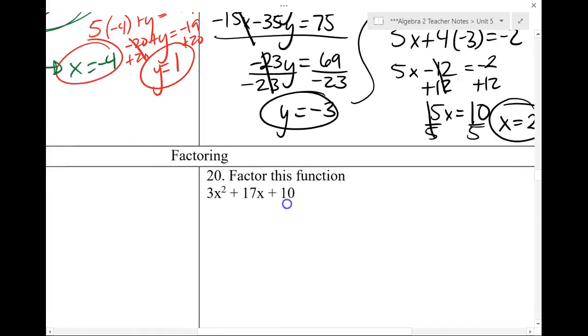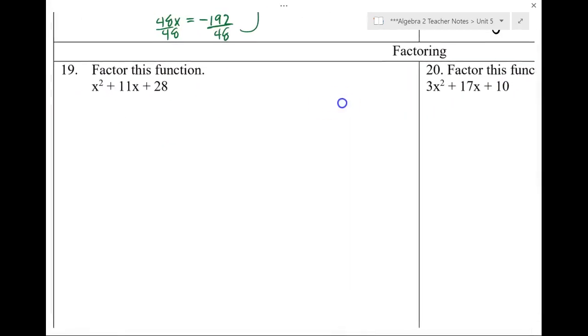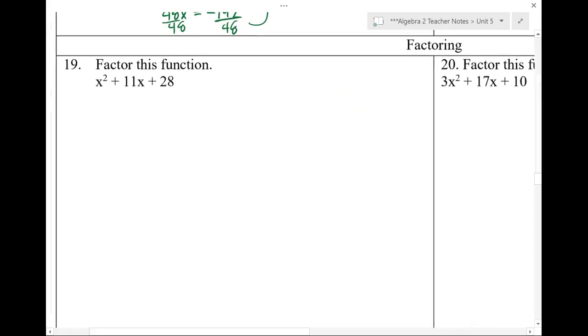Alright, now let's go down here to factoring. Now this first one, factoring is just reverse FOIL. So you think in your head, first you put your x's here. As long as that first term right there in the front is 1, you can just do the quick reverse FOIL method.